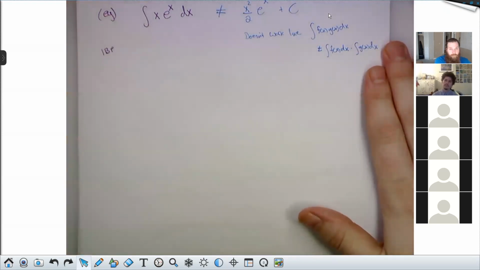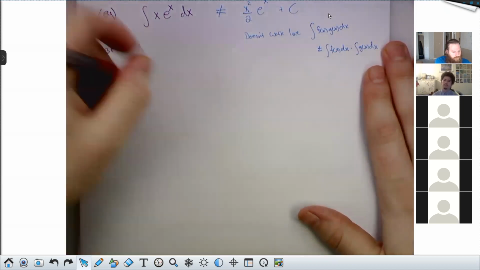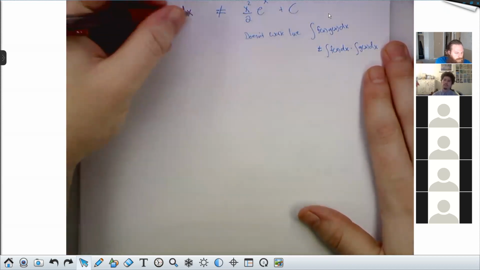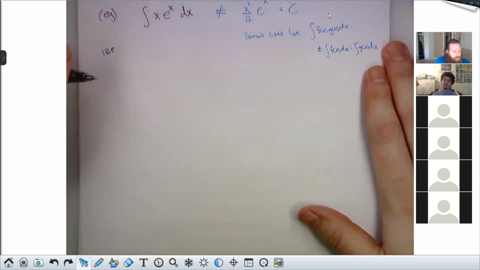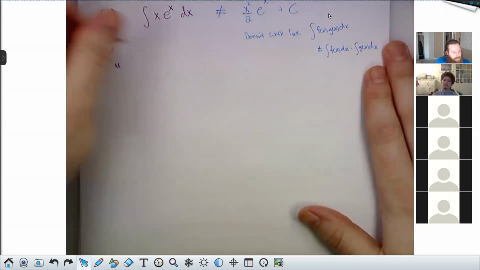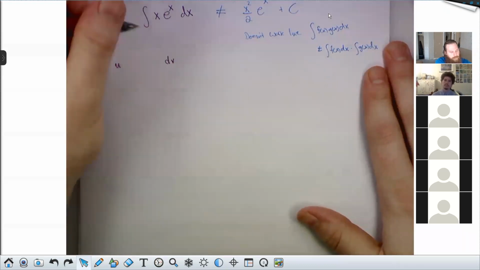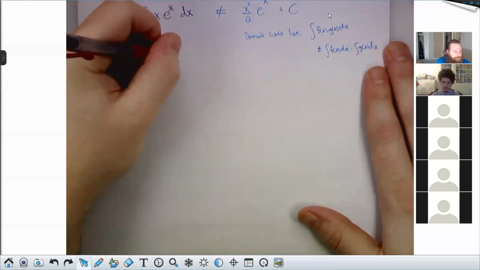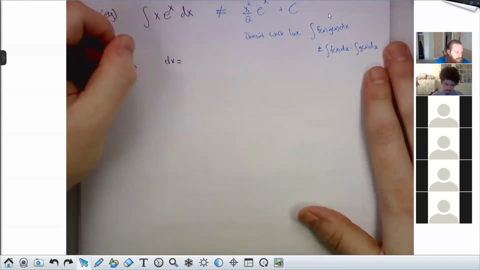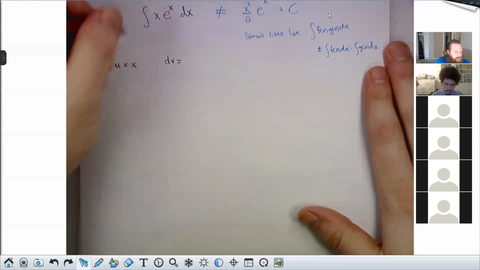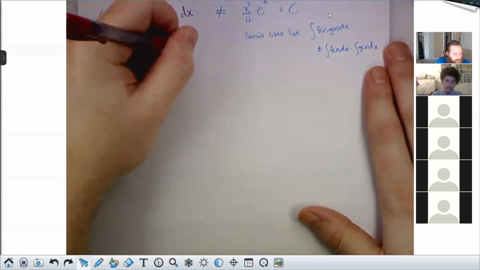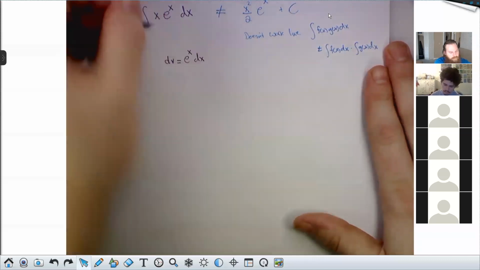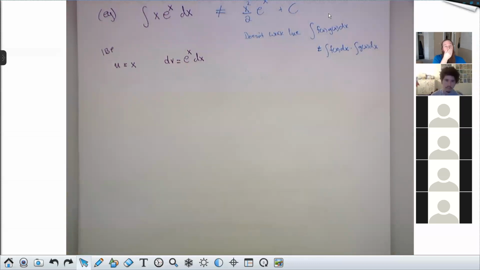So here's the way this is done. You have to partition your integrand into two pieces. You have to pick a piece to call u, and you have to pick a piece to call dv. I am going to pick u to be x and dv to be e to the x dx. Because I need my original integral to be the integral of u times dv, right? That's what we have in our formula.